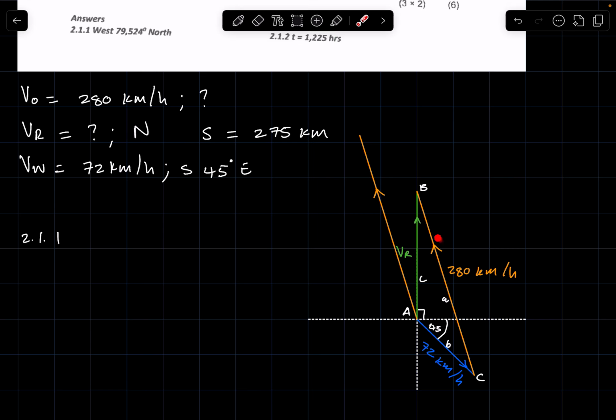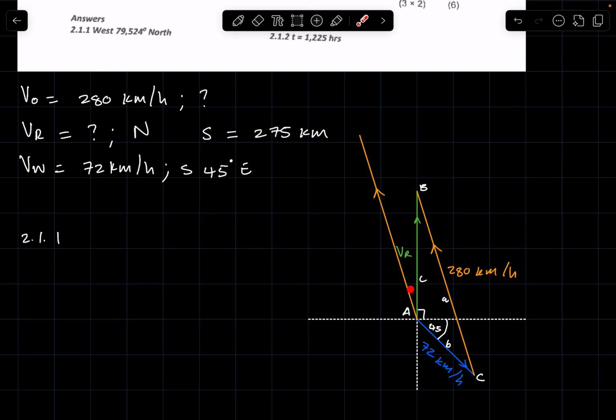Practically speaking, if this is our starting point, which it is, when drawing your vectors on the Cartesian plane, you always assume that this is your starting point. So VO, representing the velocity of the aircraft after taking off, we can take as our starting point.